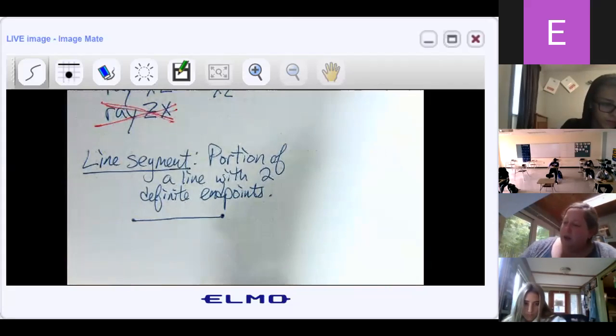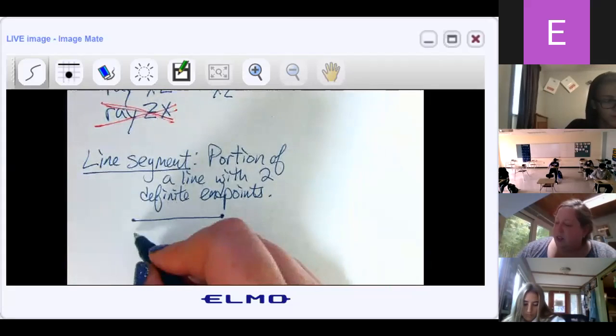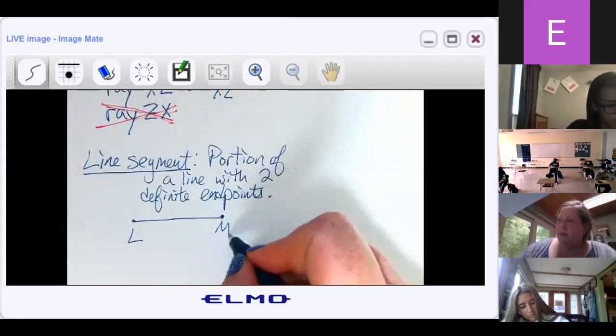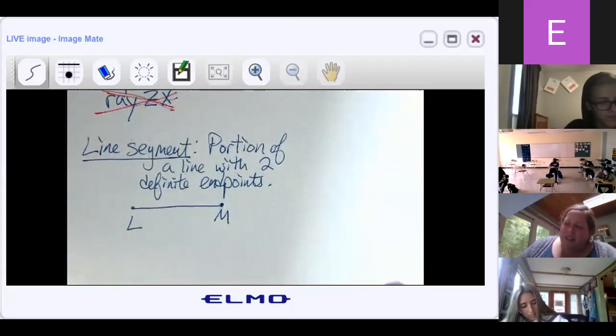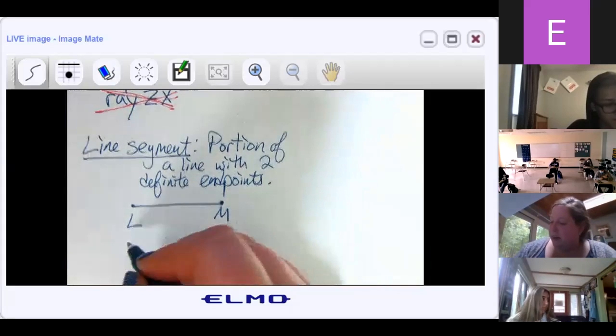This has definite endpoints. Let's just call them L and M. So if I want to name this line segment, it's just as easy as using the endpoints. Order doesn't matter. I can call it line LM or ML, does not matter.